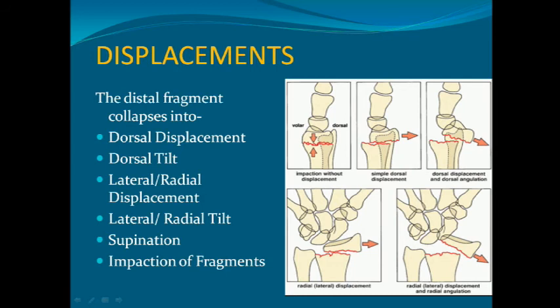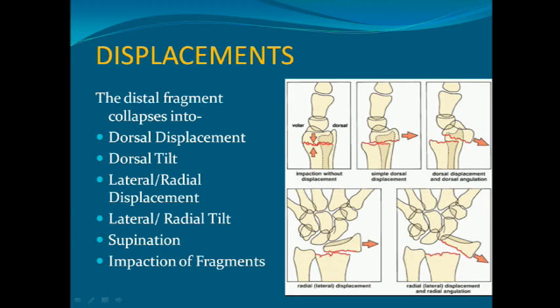Now there are 6 types of displacement in Colles fracture. You have to remember this. What are the 6 types of displacement? One is dorsal displacement. If the fracture fragment shifts dorsally, we call it dorsal displacement. Second is dorsal tilt. If it gets tilted towards the dorsal side, we call it dorsal tilt.